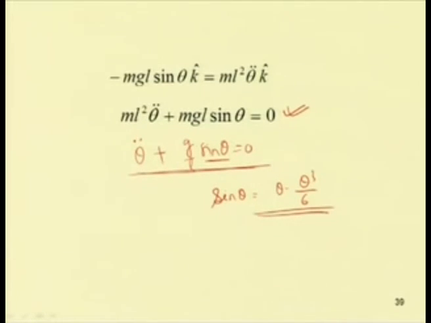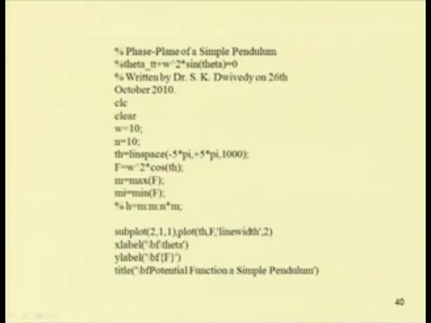As we have discussed previously, one can obtain the potential well, and one can study the response of this system qualitatively. So one can write a simple MATLAB program to find the potential function.